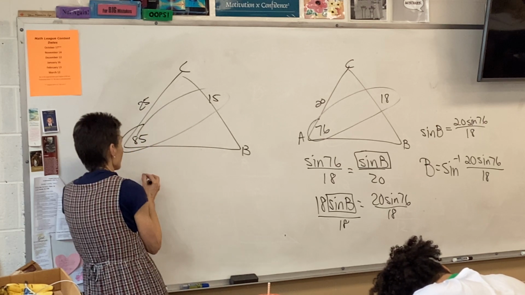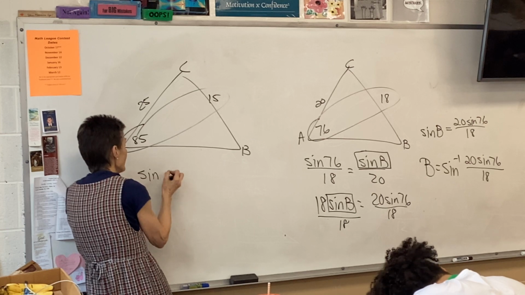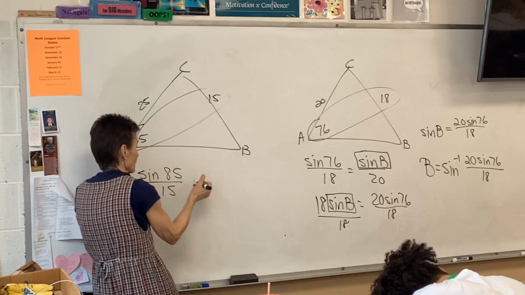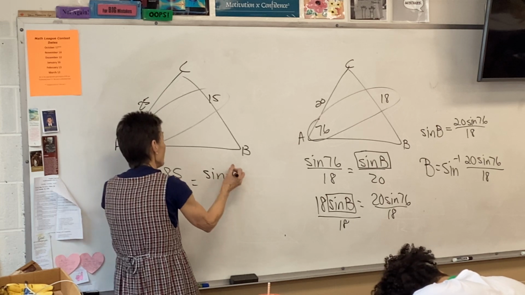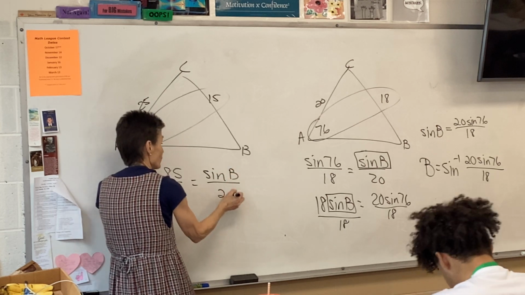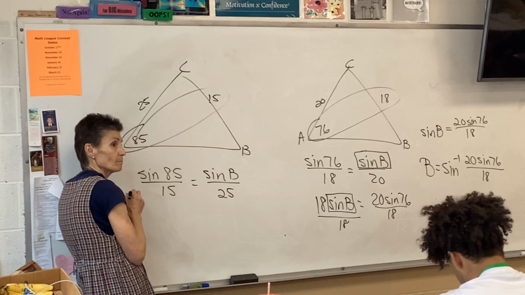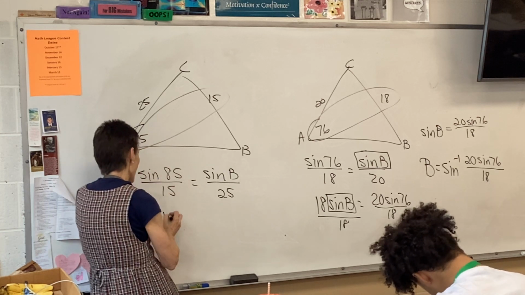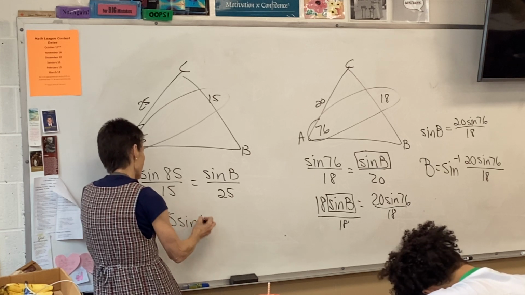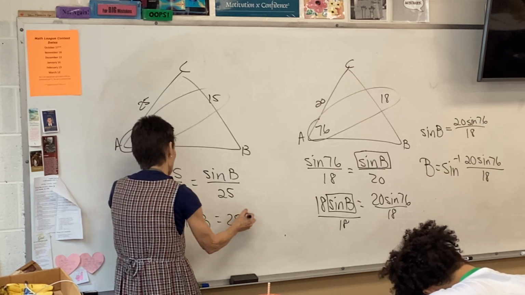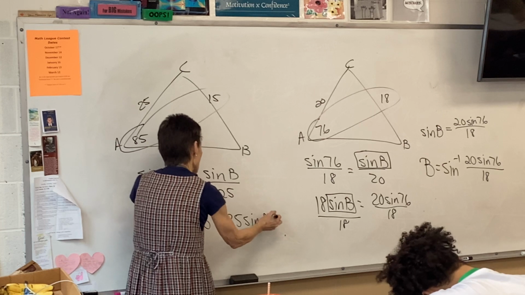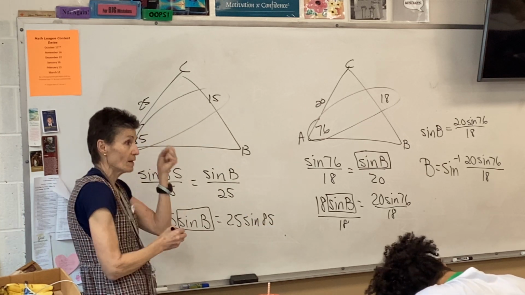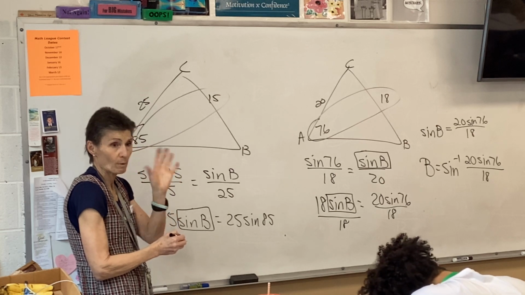What are you writing? Sine 85 over 15 equals sine B over 25. So we'll cross multiply. And if you need to, go ahead and put a box around that sine B and remind yourself that's your variable. You're not breaking that apart.